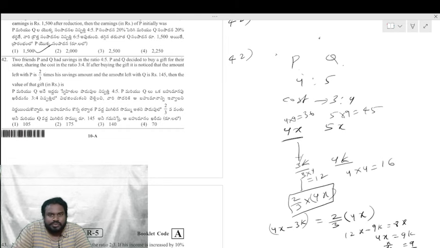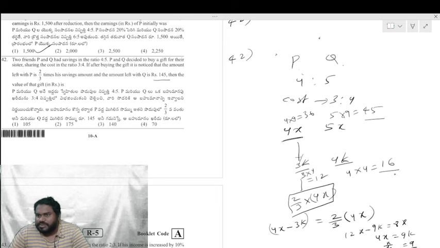See, there is one more clue. The amount left with Q is 145. What is the amount left with Q? Initially he has 45 parts. Later he has spent 16. So if you subtract it, you will get that.